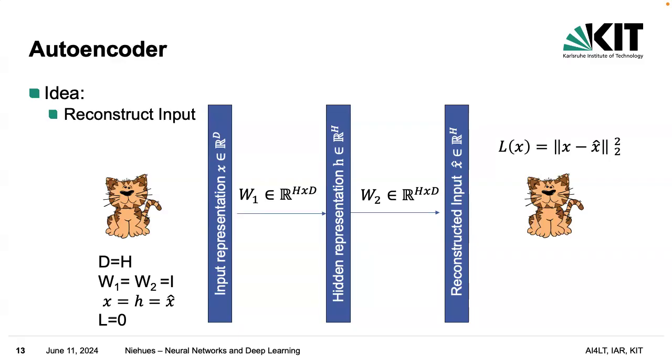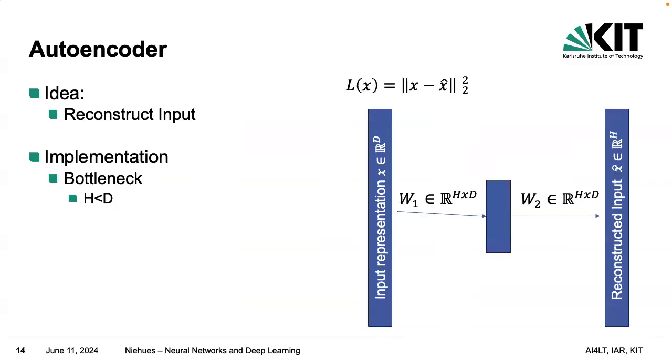The first and easy one is the one I already mentioned at the beginning, which is compression. If we say that our hidden size here is small compared to the input, then of course we can't just copy, because we somehow have to encode efficiently what is in the middle there and then reconstruct it again.